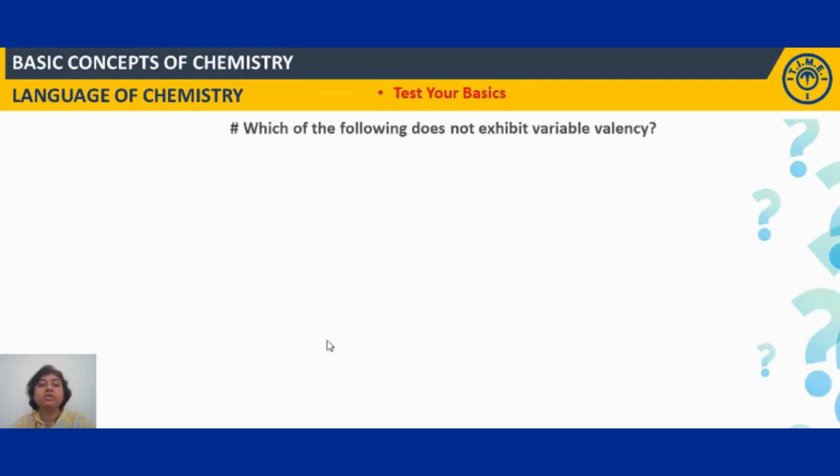Next question is, which of the following does not exhibit variable valencies? Let us see the options. So options are copper, iron, manganese and zinc. Let us first see which element has variable valencies, and then we can easily identify which doesn't.